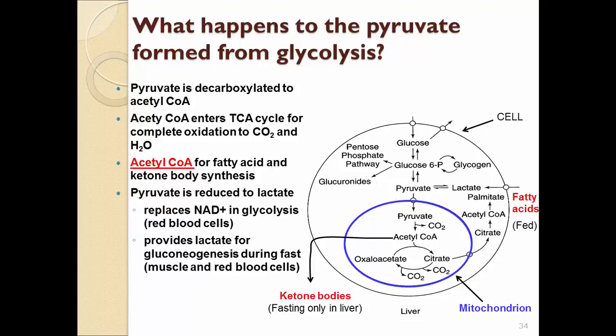If pyruvate is further metabolized to acetyl-CoA and enters the TCA cycle, in the first reaction acetyl-CoA is condensed with oxaloacetate to citrate. Citrate is a very important molecule that can be transported out of the mitochondria back to the cytosol and converted back to acetyl-CoA.